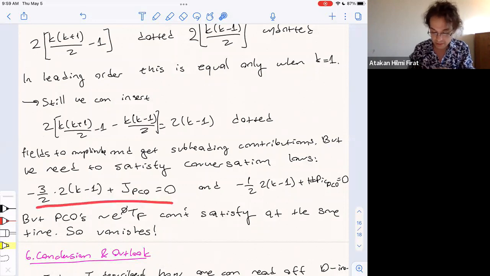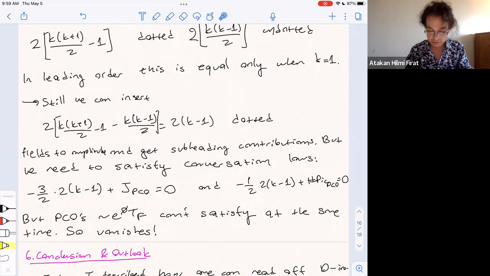That is, we have to make sure the picture numbers work correctly in this situation. And we also need to make sure that the J charge conservation works correctly. But it turns out, even if you use this term for the PCOs that contains one, you cannot saturate them at the same time. So it turns out this vanishes.